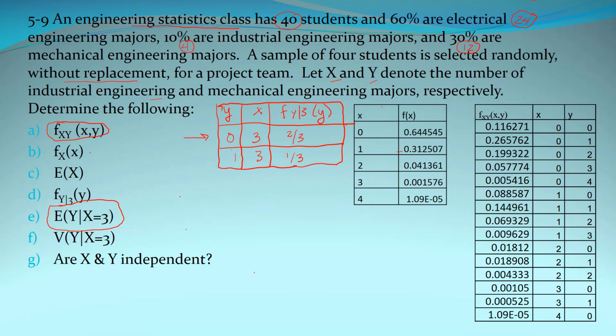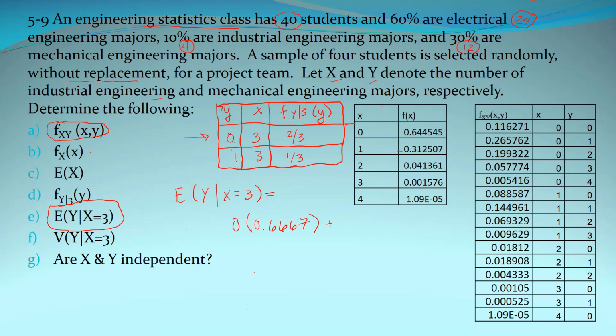All we have to do is calculate, right? Expected value of y given that x is equal to 3 is just use the same old formula. We're going to take 0 times 0.6667, right, 2/3.